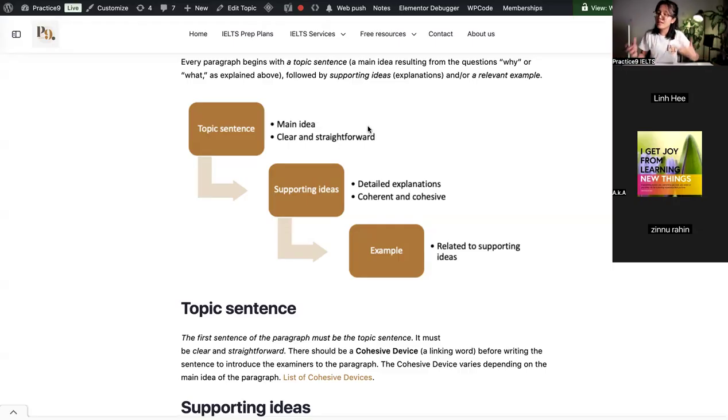So it's not really clear for the examiner to follow your approach, because in an opinion essay, it's very important to have a strong opinion. So it's always better for you to choose sides rather than sitting on the fence.